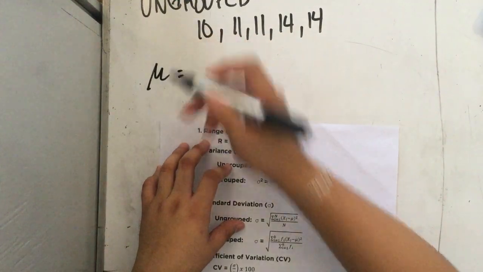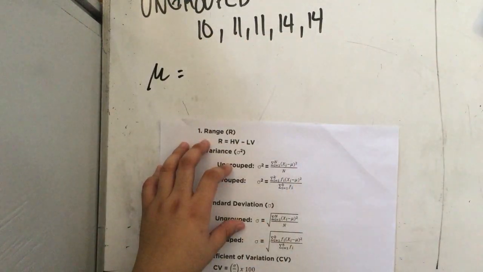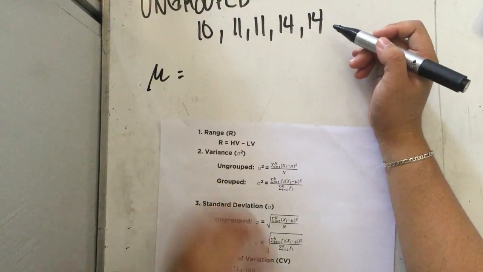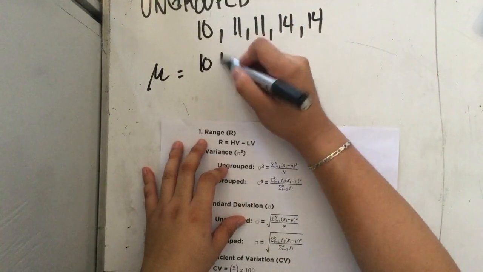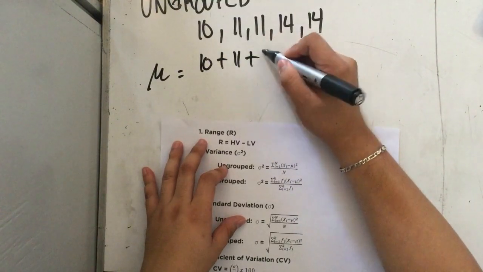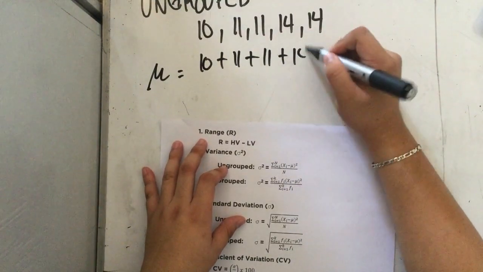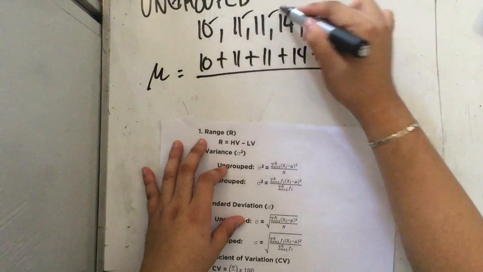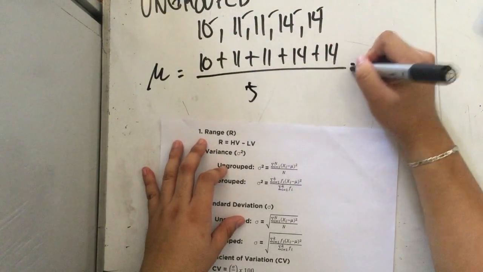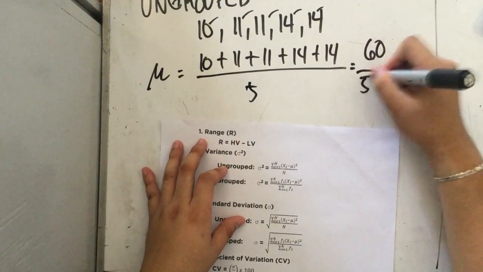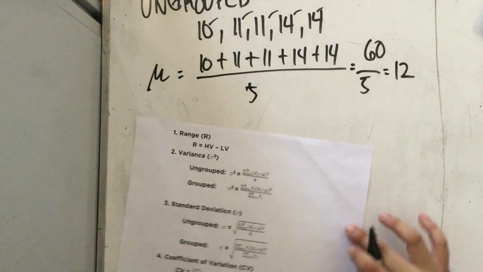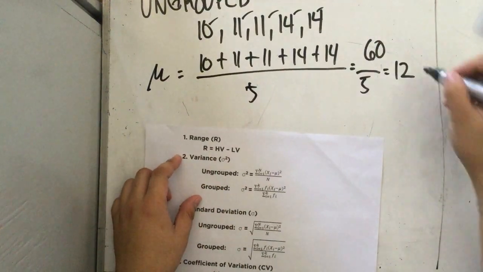So the mean, sa ungrouped data, is equal to the sum of all our data divided by the number of observations. So we have 10 plus 11 plus 11 plus 14 plus 14 over the number of observations, 1, 2, 3, 4, 5. So we get 60 over 5, which is 12. So that is the mean of our ungrouped data, 12.